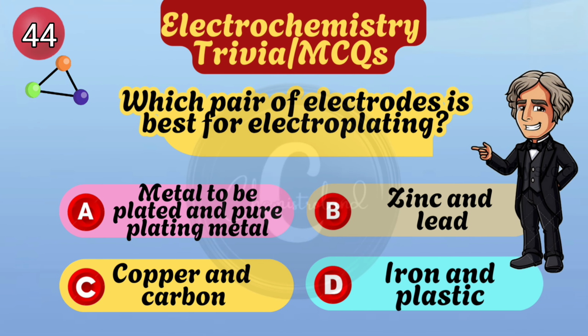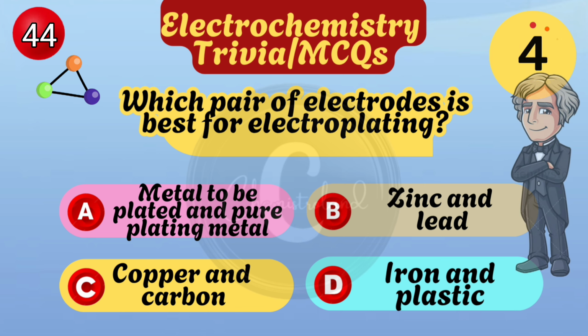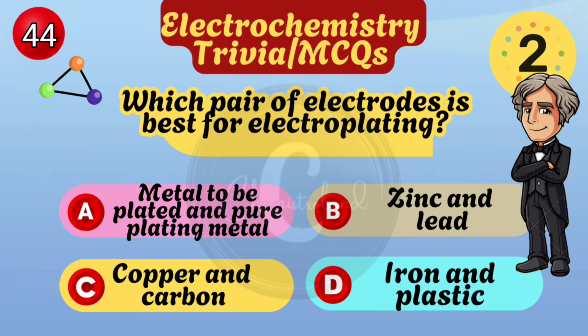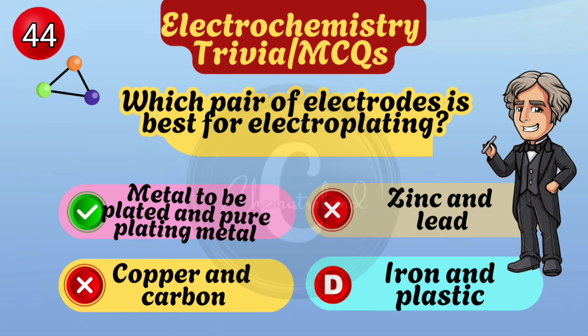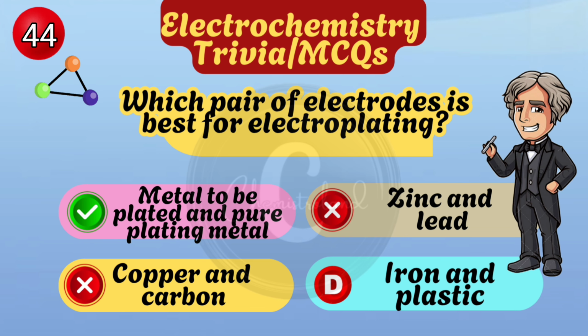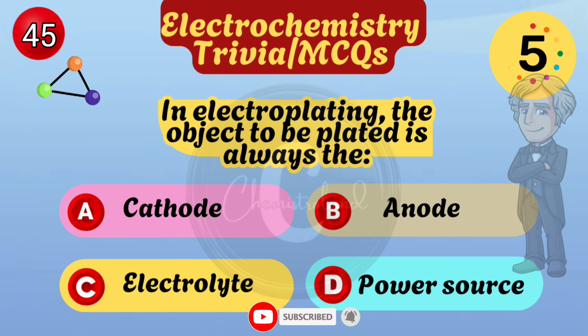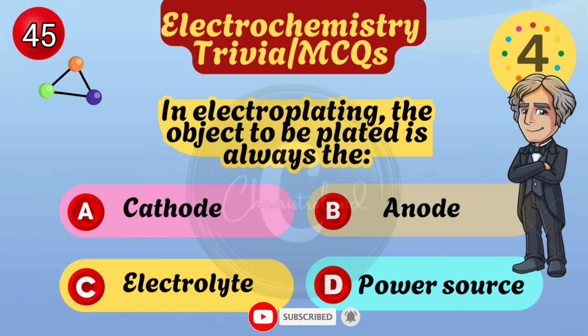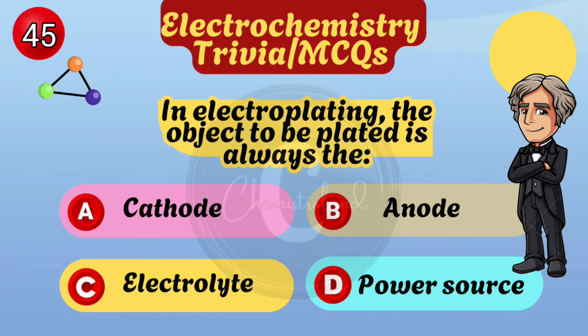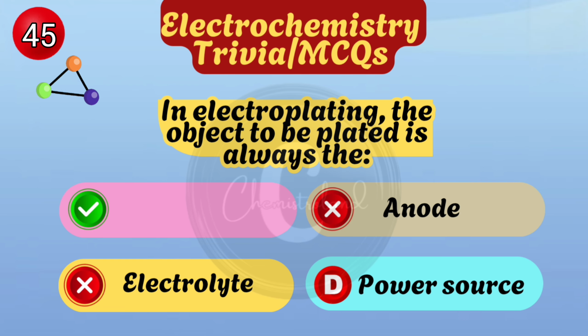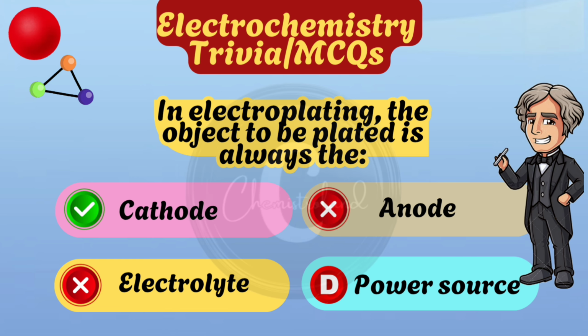Which pair of electrodes is best for electroplating? Metal to be plated and pure plating metal. In electroplating, the object to be plated is always the cathode.